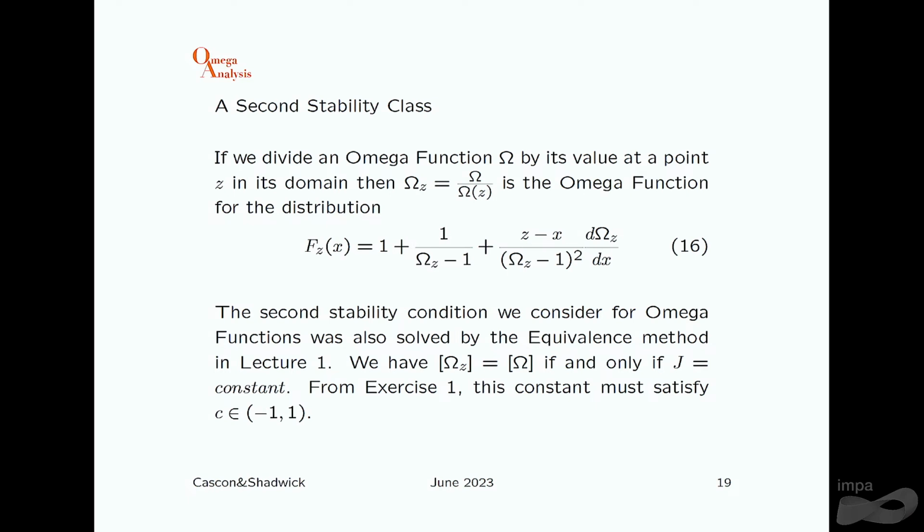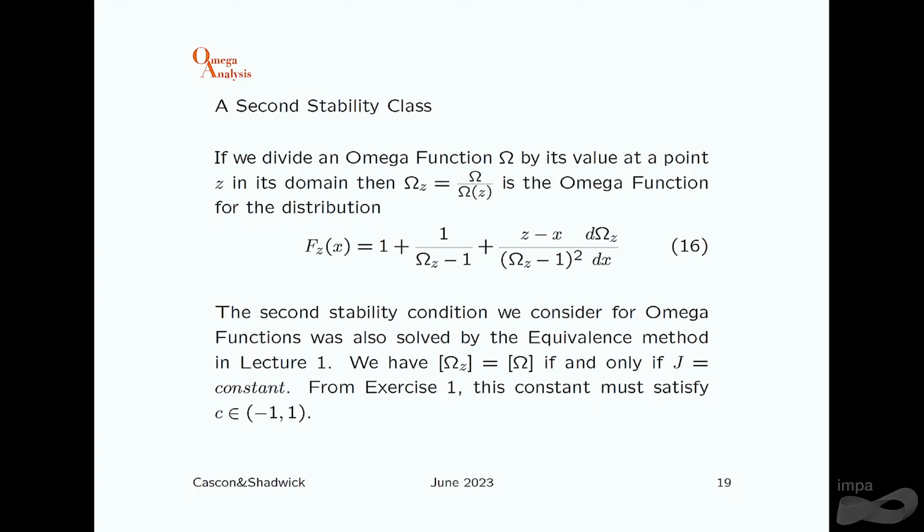So it's really the conditional distribution F, conditional on falling below a certain threshold in the domain of F. So we can do the same thing with an omega function. The omega function is positive everywhere. It's never 0. It tends to 0 as you get off to the left-hand end of the support. But anywhere in between, in the open interval from A to B, omega of z is not 0.